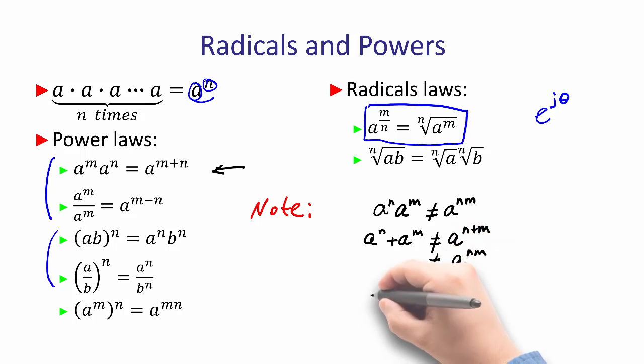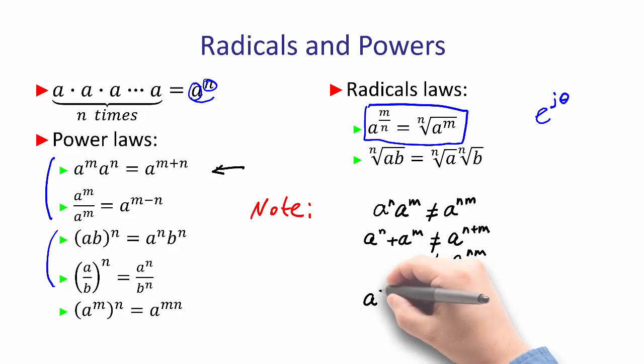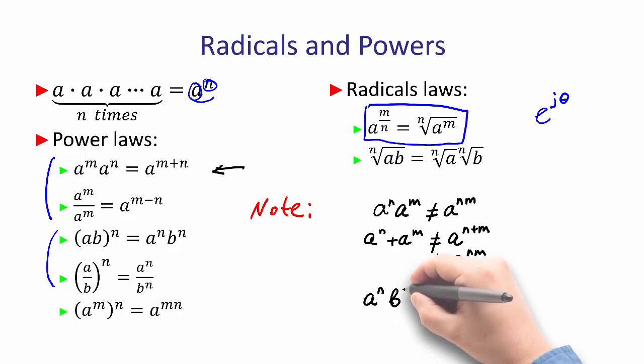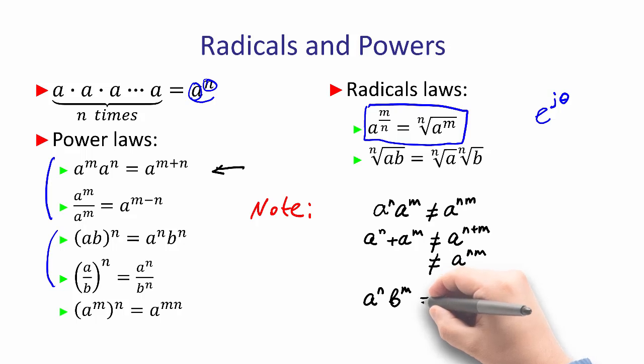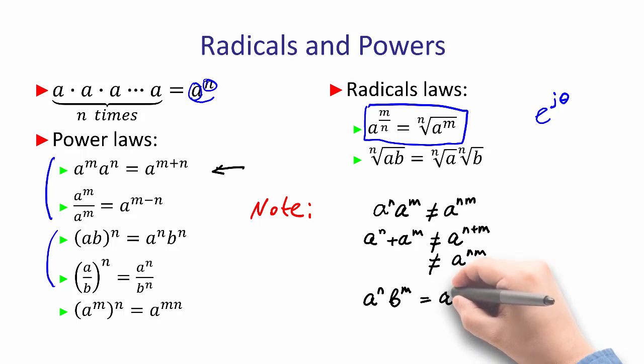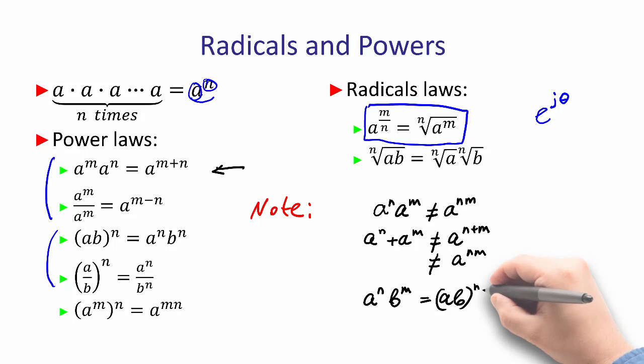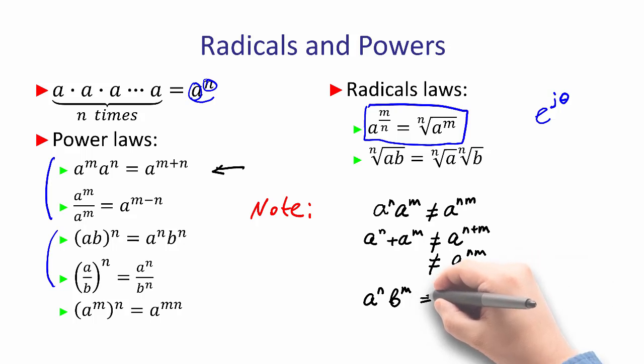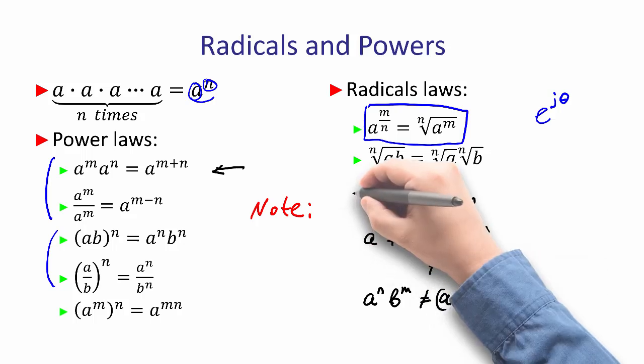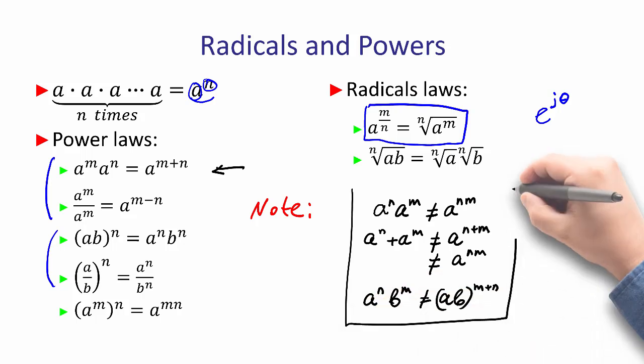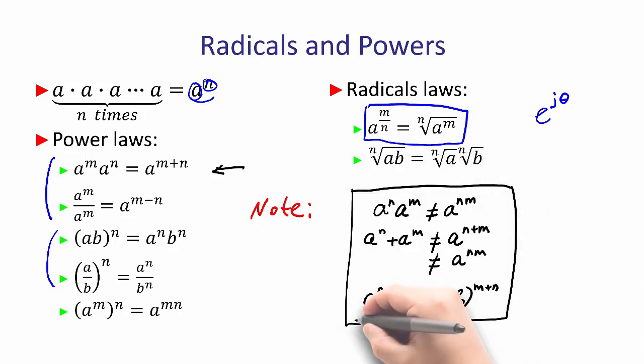Another mistake: a to the power of n, b to the power of m equals ab to the power of m plus n, which is again incorrect. So you should remember not to make all of those mistakes.